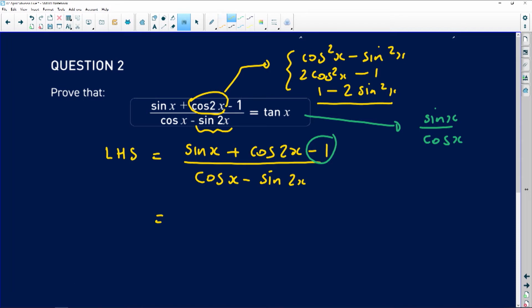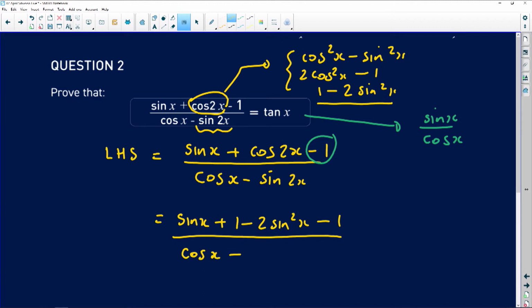So let's see what will happen. I've got sine x, I'm going to rewrite that sine x, and then there's a plus. Now that double angle of cos, I'm expanding it, I'm going to write it as 1 minus 2 sine squared x, and then minus 1, divided by, on the denominator, cosine of x minus, now that's a double angle of sine which can only be expanded in the form 2 sine x multiplied by the cosine of x.